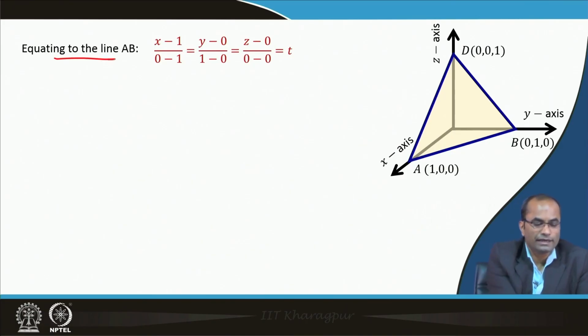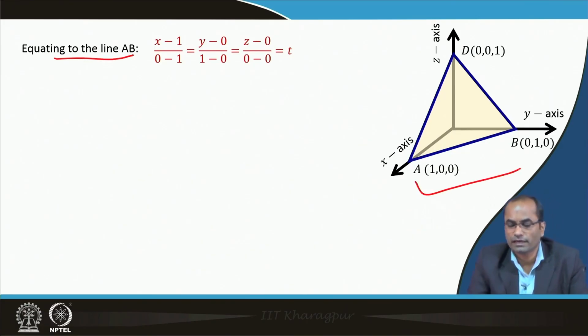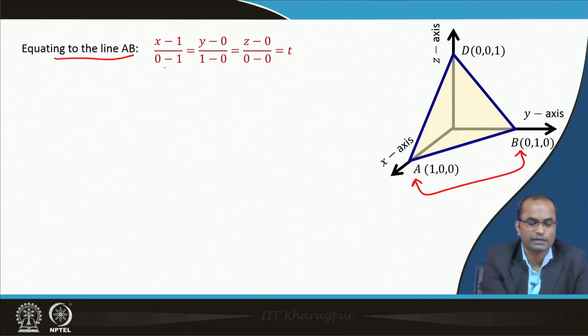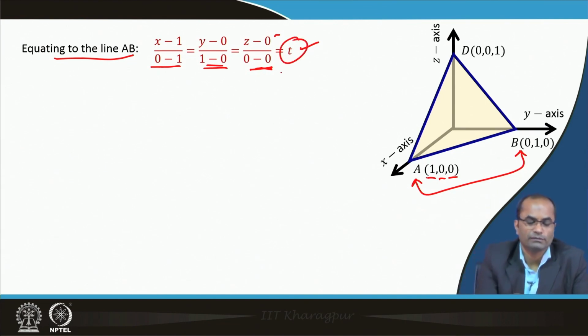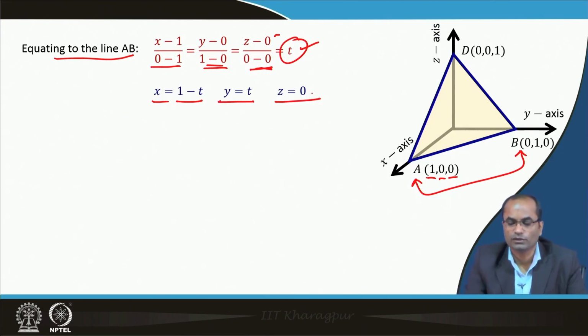Now on the line AB, if we consider this line AB, that will be the equation: x minus 1, y minus 0, z minus 0, over the differences 0 minus 1, 1 minus 0, and 0 minus 0, equal to t. For linearity, we just introduce a parameter t there. That means x is 1 minus t, y is t, and z we can take 0, because the z component is not varying along this line.